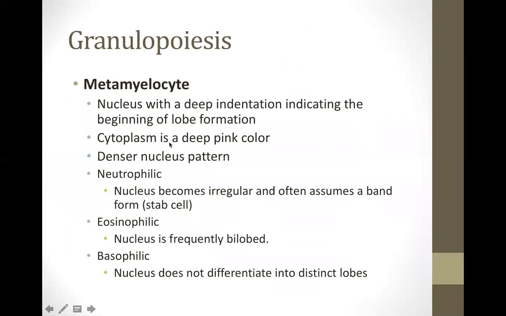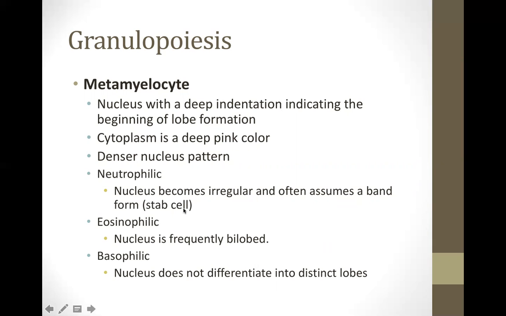In the neutrophilic metamyelocyte, ito na. The nucleus becomes irregular and often assumes a band formation. Now, pag sa mga complete blood count or CBC, rinig kayo ng mga stab cell. Stab cell is known as your neutrophilic metamyelocyte.